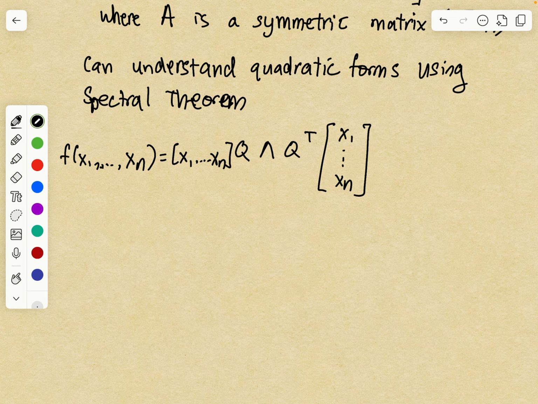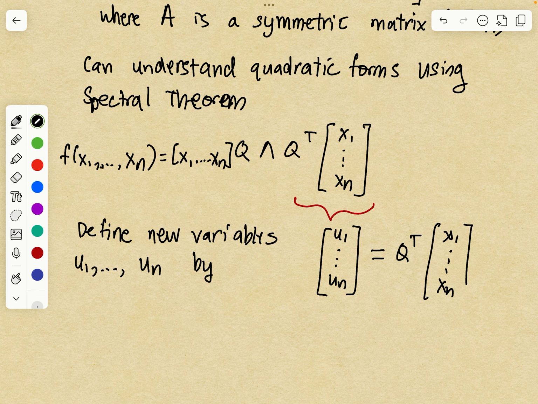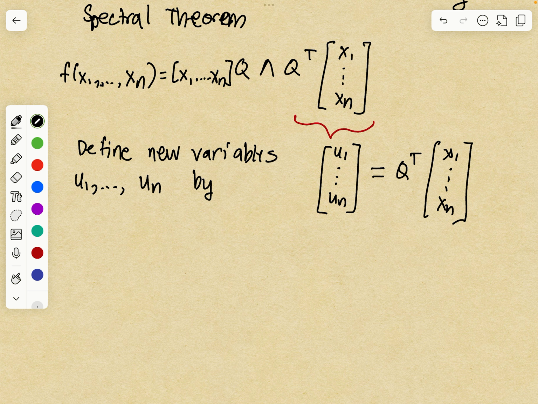And the point is that if you take Q transpose times this column vector x1 through xn, if you define new variables u1 through un by u1 through un is equal to this Q transpose times x1 to xn, then what happens is that you can write f, this quadratic form, in terms of u1 through un.